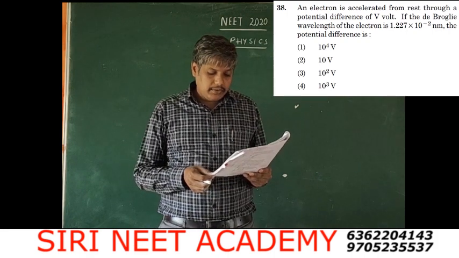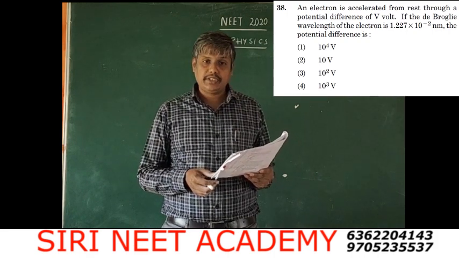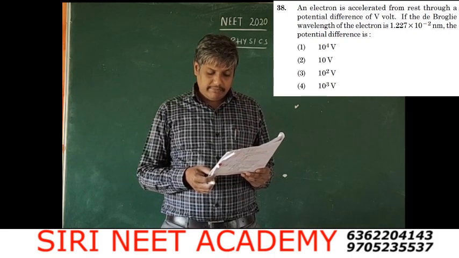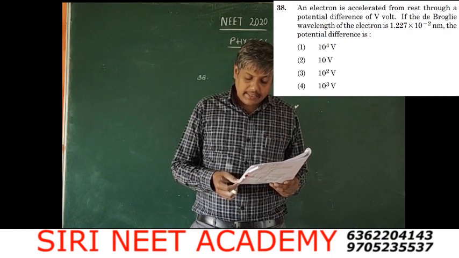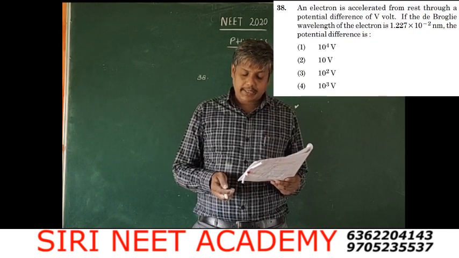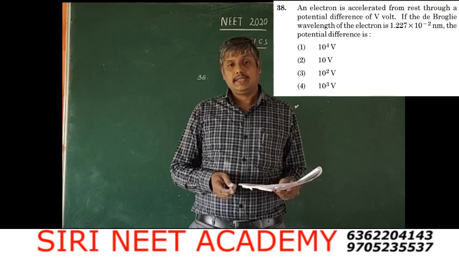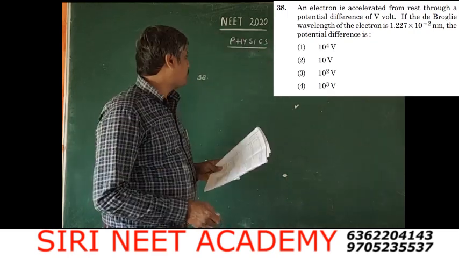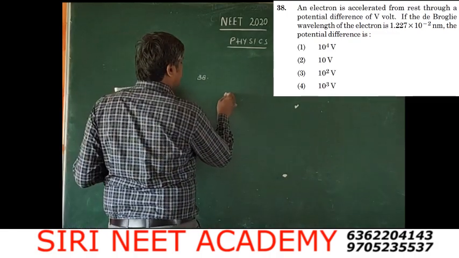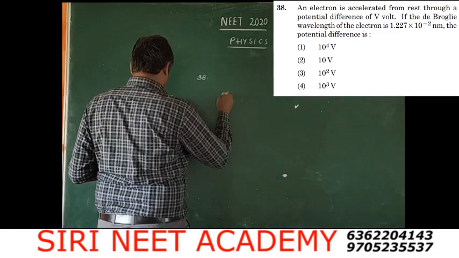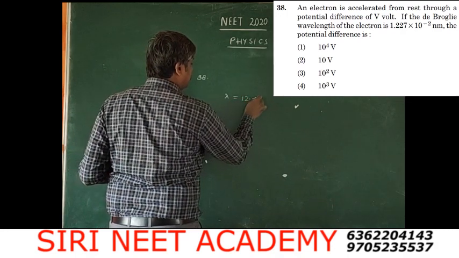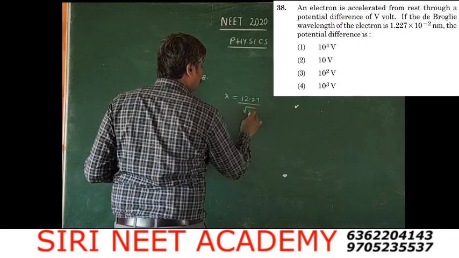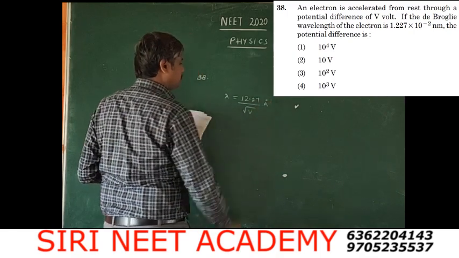An electron is accelerated from rest through a potential difference. If the de Broglie wavelength of the electron is 1.227 × 10^-2 nanometer, the potential difference is. We know that the de Broglie wavelength of an electron is given by lambda = 12.27 by root V angstrom.